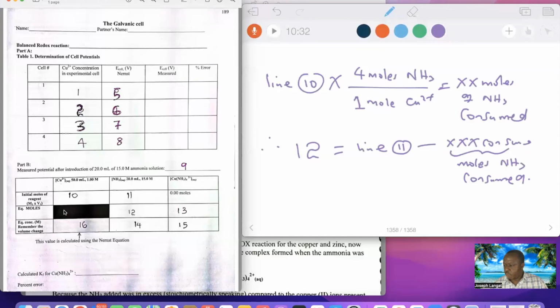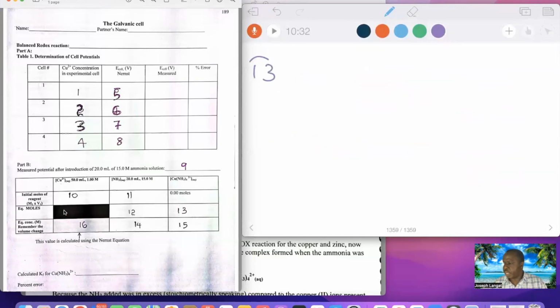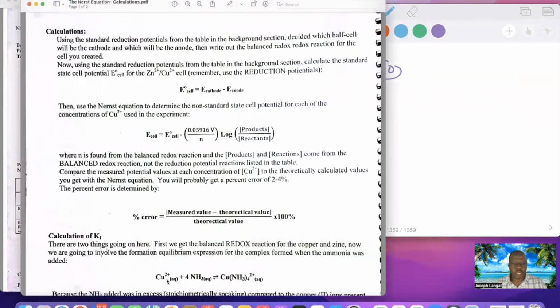Now, line 13 is equal to line what? Line 10. Why am I saying that? From the mole ratio, for every 1 mole of copper consumed, 1 mole of the complex is produced.